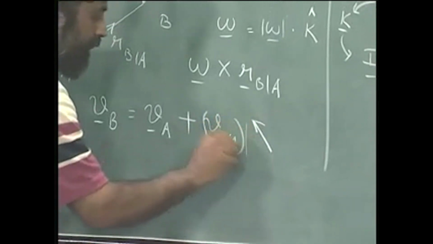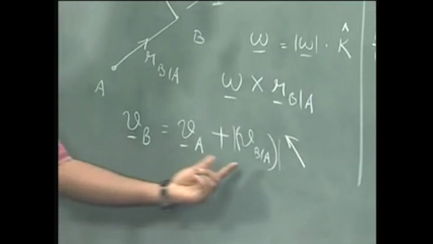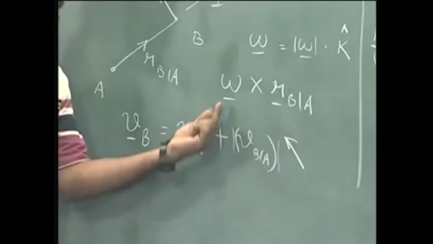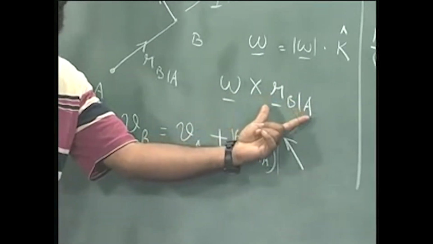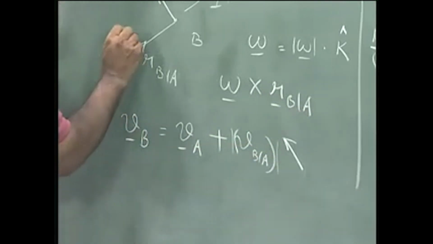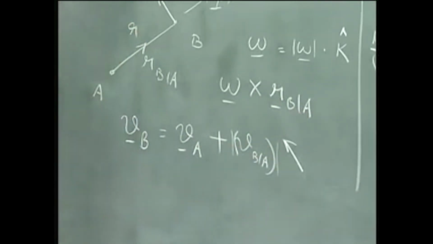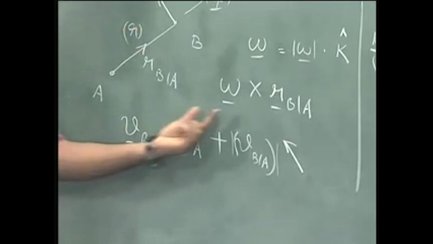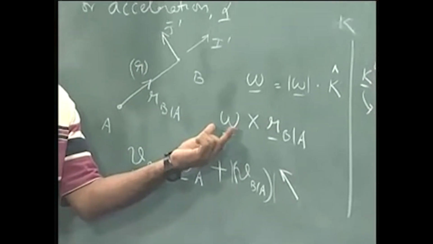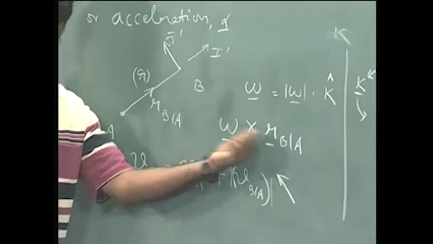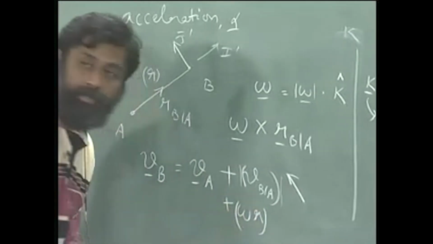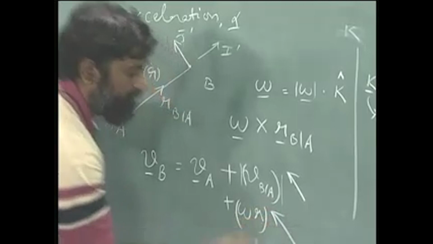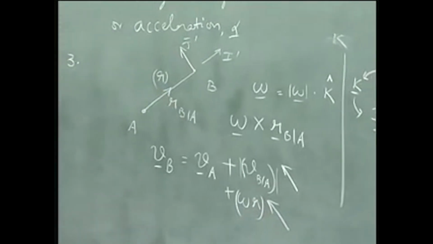So, this is the magnitude. Now, V B with respect to A is magnitude of this times this direction. Let me just take this as R. So, let us say this is R, the value is R, and this is omega, the value is omega. So, omega times R is what I get here. So, this is nothing but omega times R magnitude, and the direction is like this. Are you with me on this?